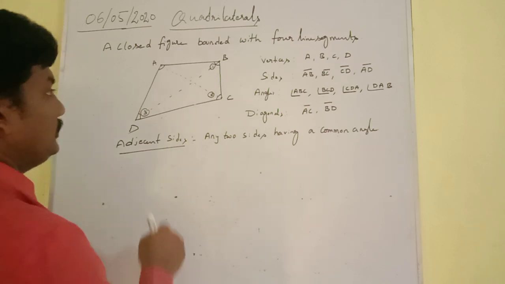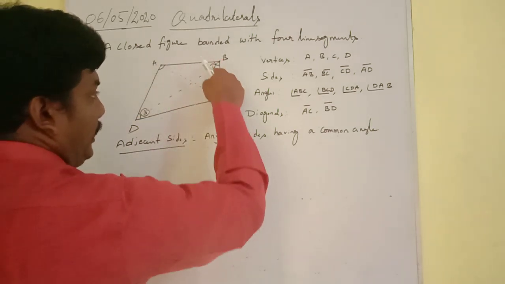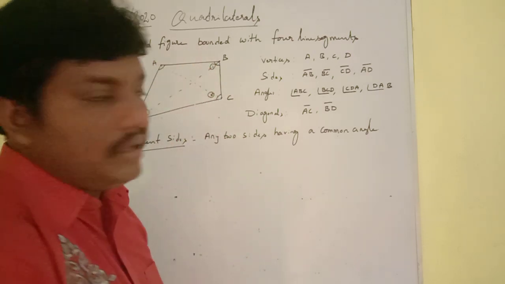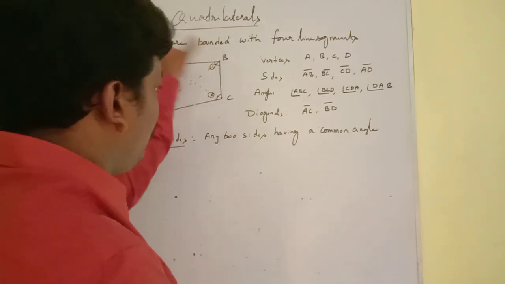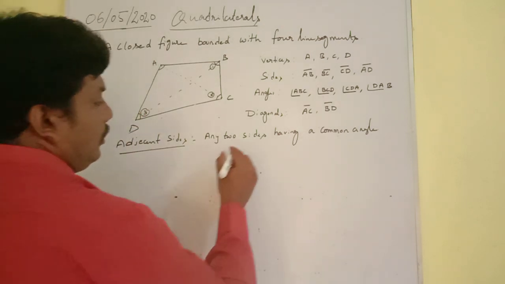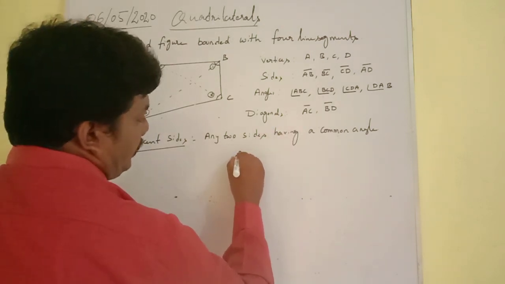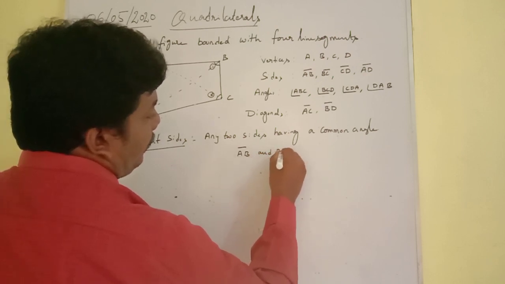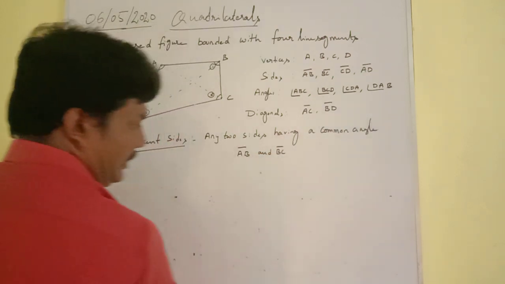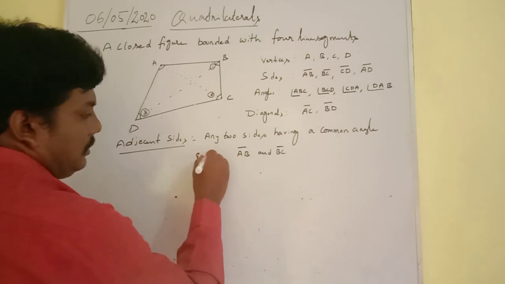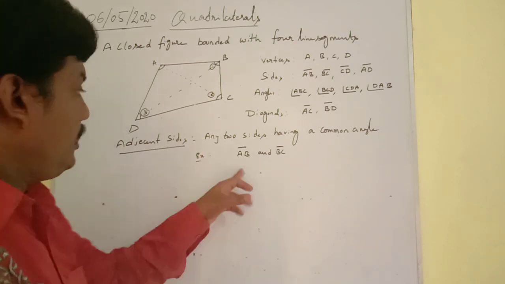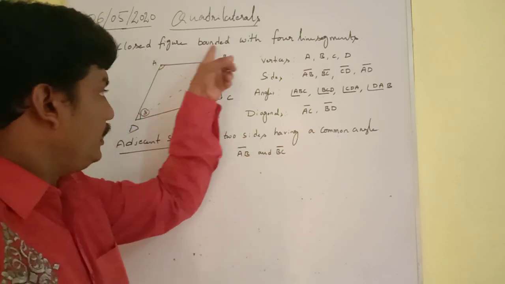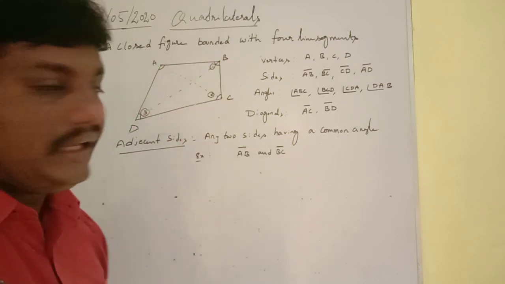Let me consider this angle ABC. For this angle, AB and BC are involved. So AB and BC are called adjacent sides, because these two sides form the angle ABC.